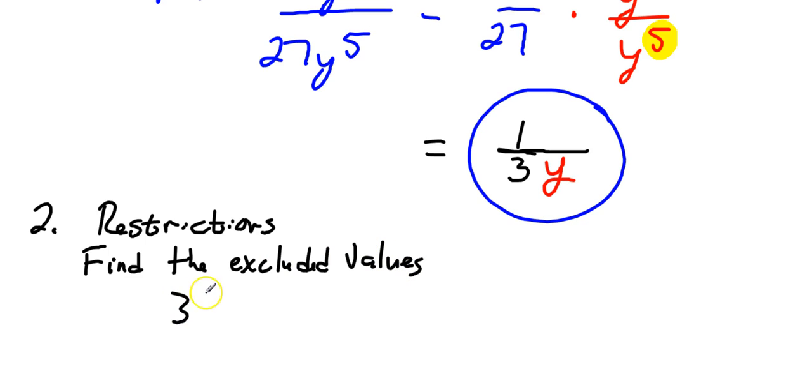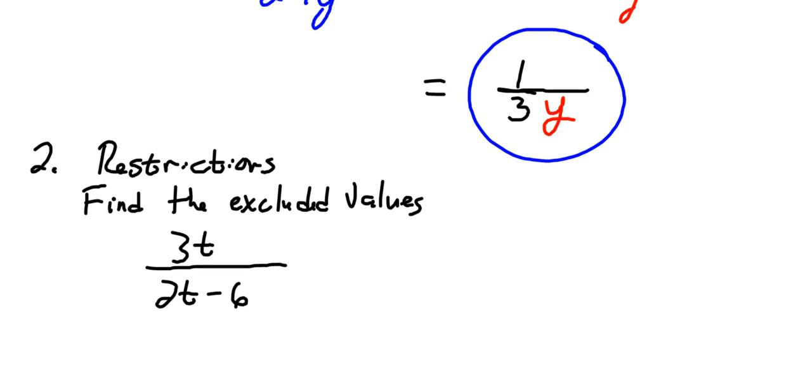So we've got 3t over 2t minus 6. And again, if it tells you to find the restrictions, find the excluded values for anything that's here, you don't care what's in the numerator. That's gone. Don't worry about it. It's just what you have in the denominator.